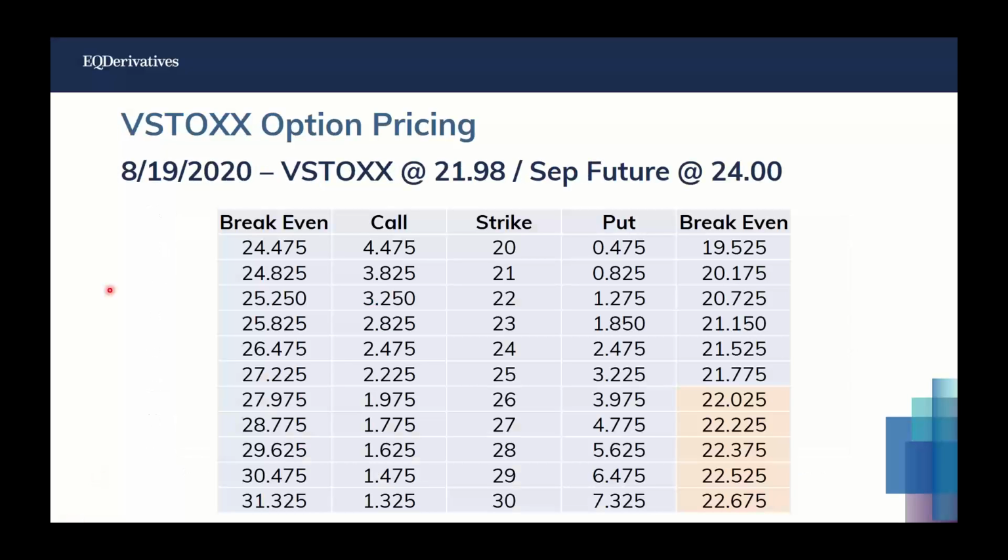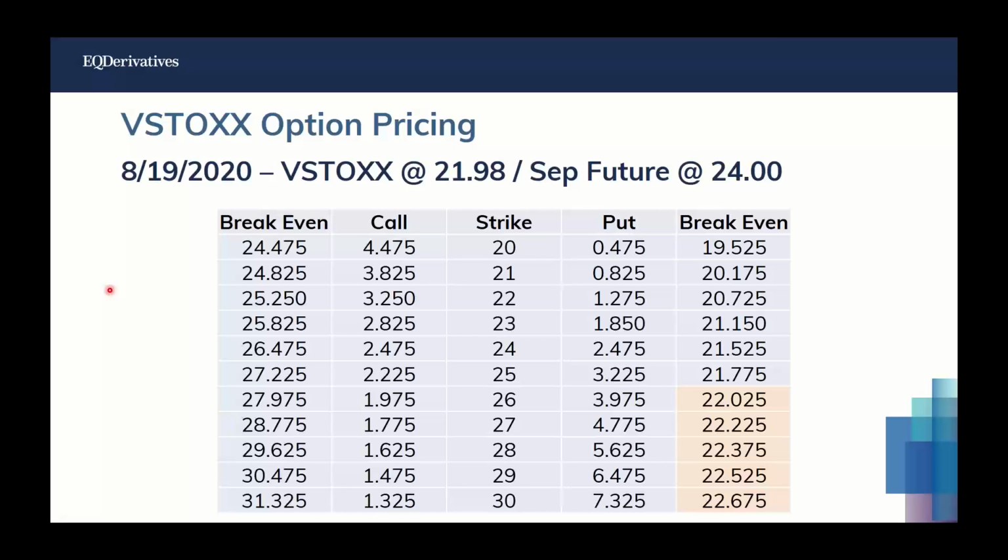So with respect to VSTOXX, I showed that the price activity is somewhat the same. The options do the same thing with respect to being priced off the future. In fact, VSTOXX options are options on futures. So it's almost silly saying that they're getting their price off of the futures contract, but they are. But over time, the futures contract is going to gravitate toward the spot VSTOXX price.